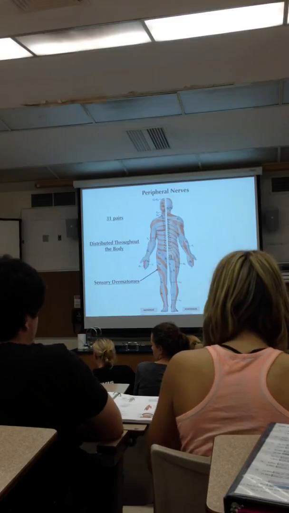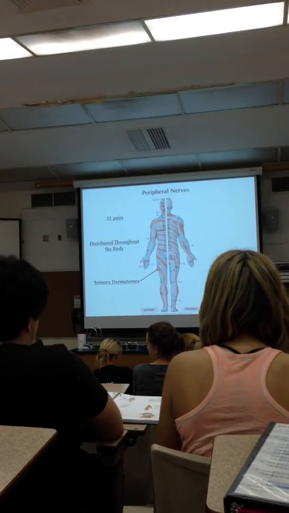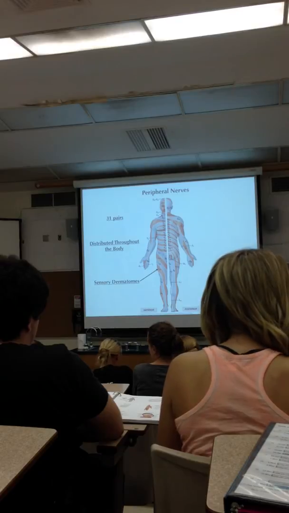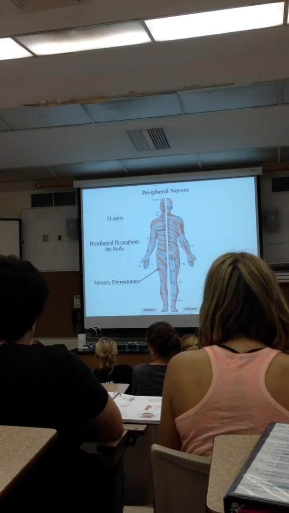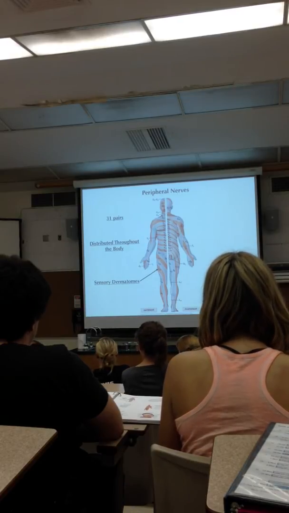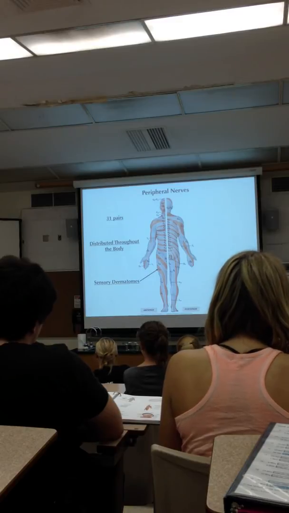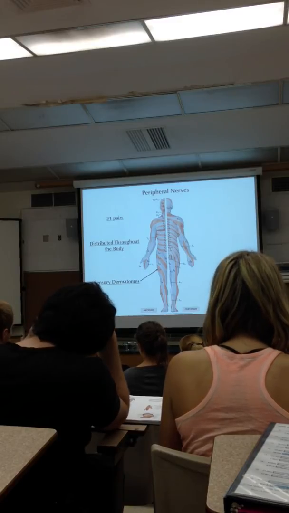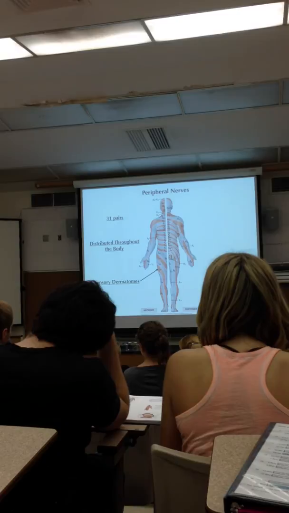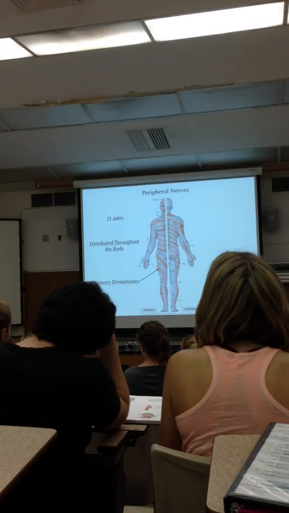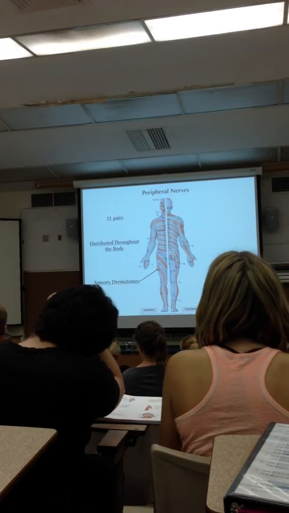Right. Did you guys catch that? It's a virus related to the chickenpox virus. If you had chickenpox, you can start getting shingles. The virus didn't go away completely. It stayed in the nerve down towards the cell body and lies dormant.